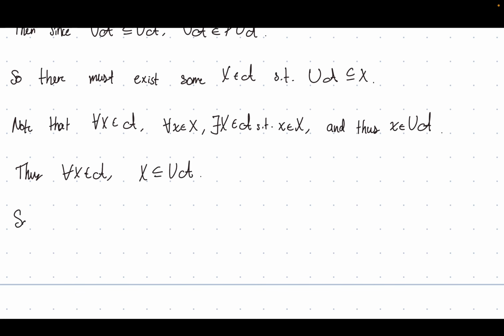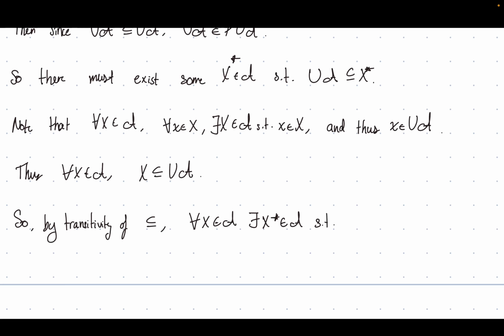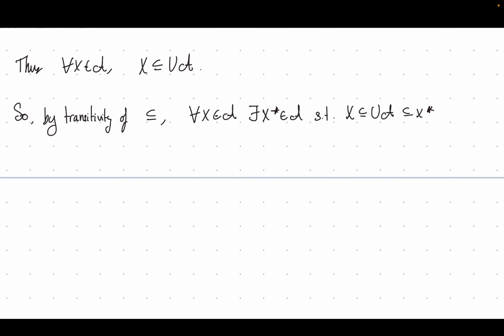So, by transitivity of the subset relation, for all big X in script A, there exists some x star in script A such that X is a subset of the union of script A, which is a subset of x star.